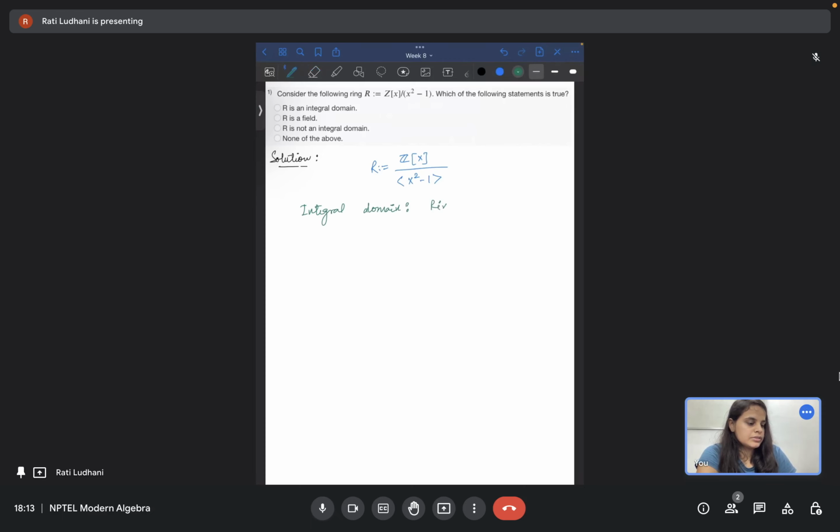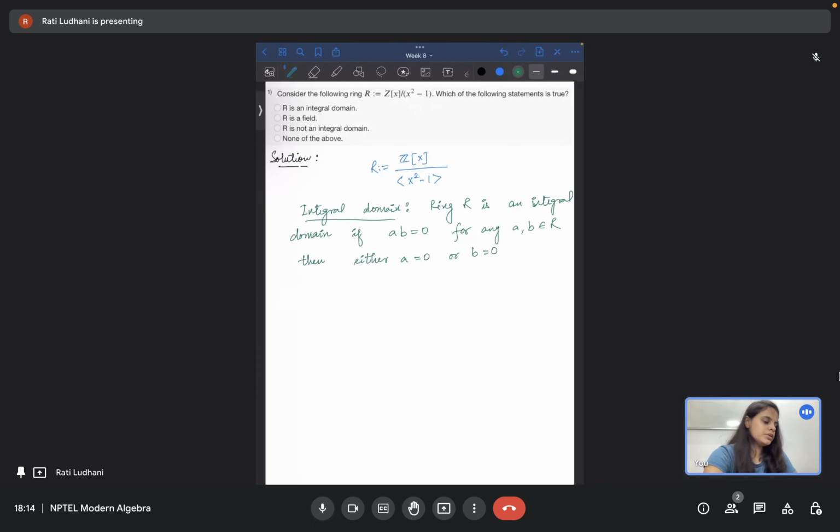A ring R is an integral domain if for all a, b in R, if ab is equal to 0, then either a is equal to 0 or b is equal to 0.